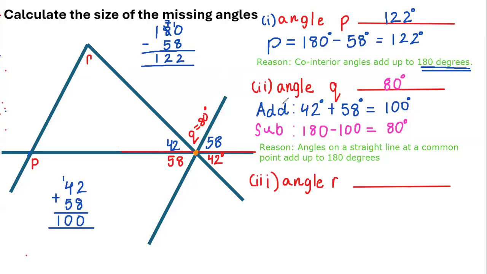We could use Q. Why would you use Q? What do you mean? It's basically the top of the triangle. Is it 40? 42? No. Is it 58? No.